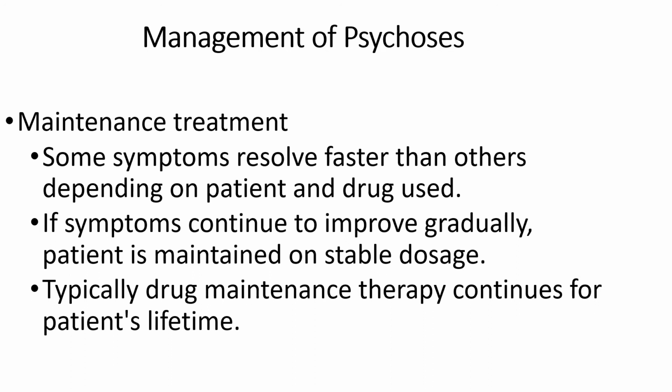And the key to maintenance therapy is that you want to find the dose that controls the symptoms, but at the lowest dose, right? So the dose may have been at a much higher level to begin with, and then the dose is titrated downwards as long as the patient remains stable and without psychoses.